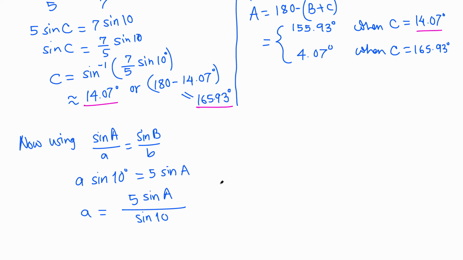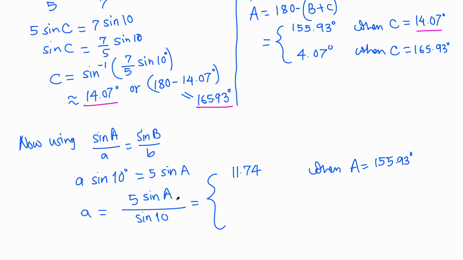When angle A is 155.93 degrees, I'm just going to plug in 155.93 and use the calculator: 5 times sine 155.93 divided by sine 10. That comes out to be 11.74. It's side a.